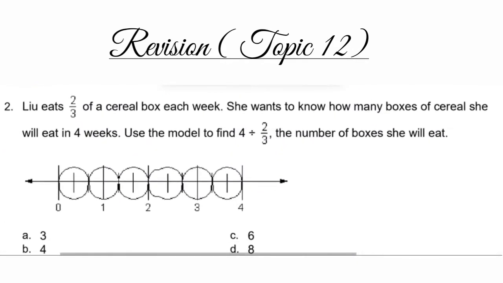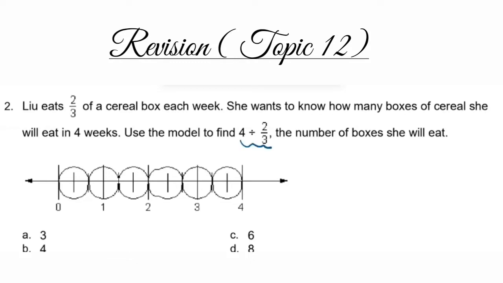Okay, let's do this again with the second question. We will divide 4, that's the whole number, by 2/3. From 0 to 1, it's divided into 1 part, 2 parts, 3 parts. So this is a third. This is a third. And here we have 2/3.